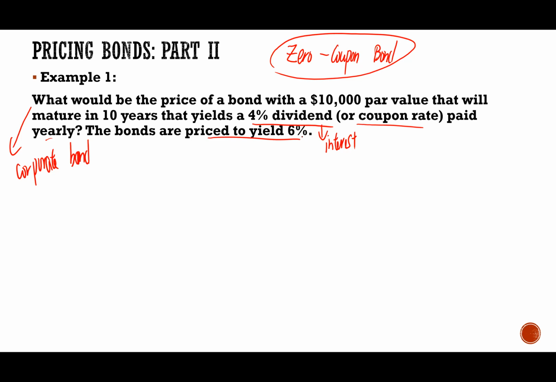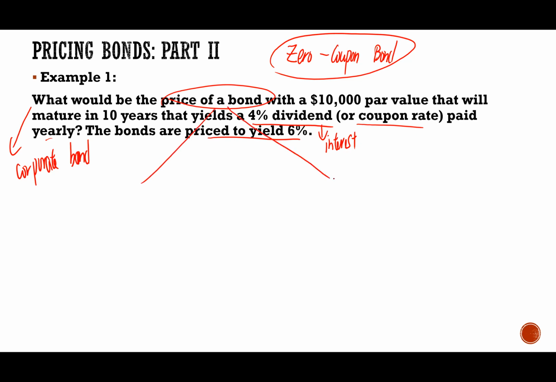This is the market yield, meaning based on the current market, taking into account all the bonds available out there, on average you get 6% on your investment. So this is the market rate. Now you want to use this information to find the price of the bond. So think about this: the price of a bond will come from two sources.